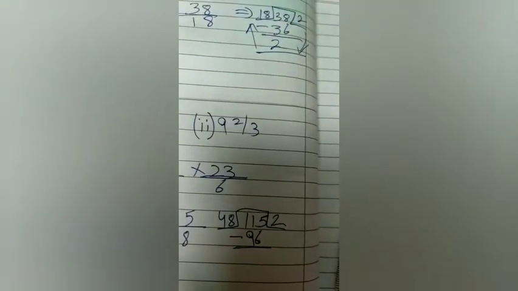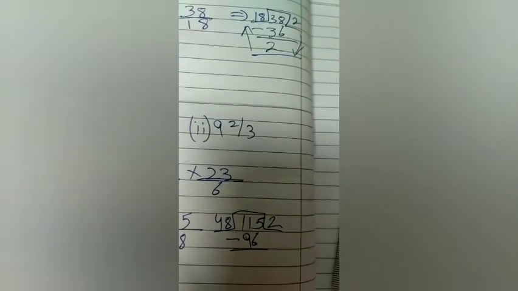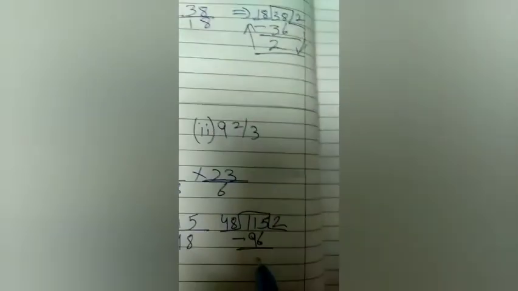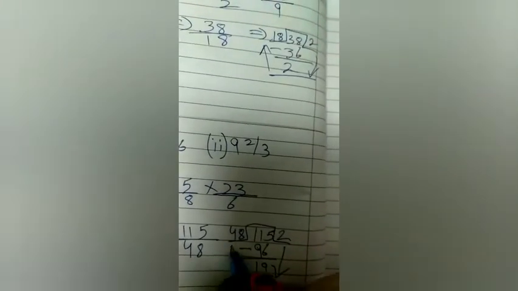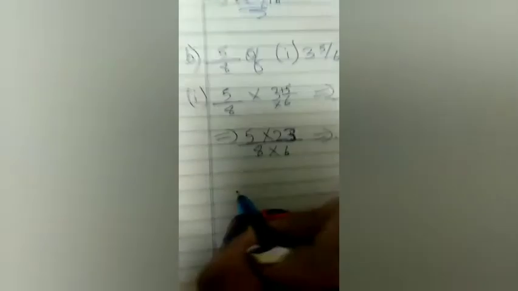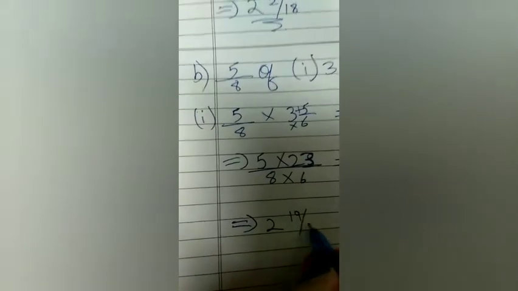Now we need to subtract. 115 minus 96 is equal to 19. So the remainder is 19. So the answer is 2 19 by 48.